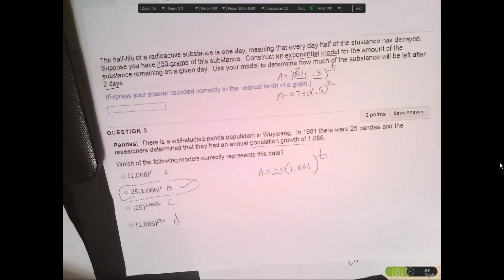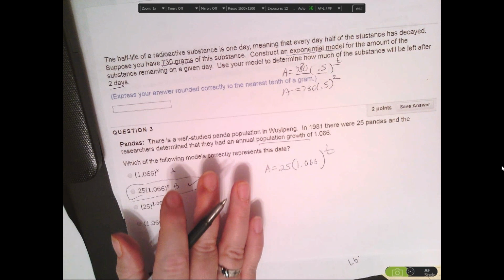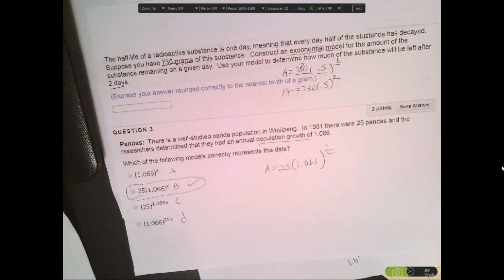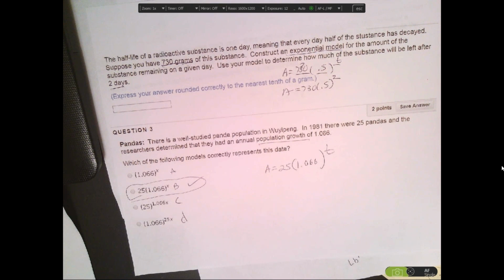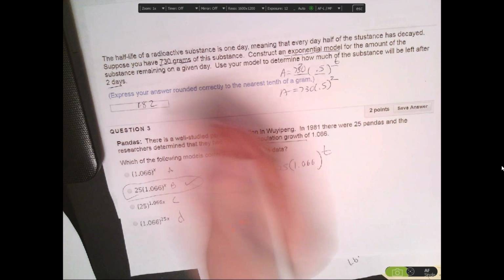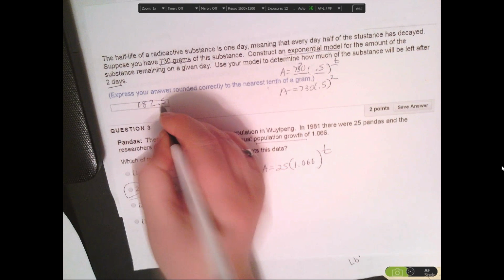And then the answer would be, for 2 days, would be what? I agree. To the nearest tenth, so 182.5. Probably the trickiest one would be number 1.